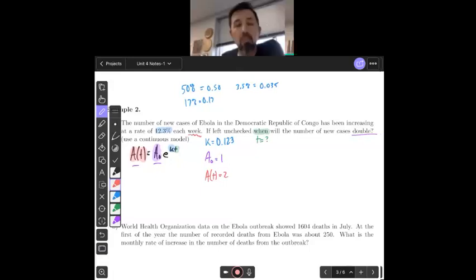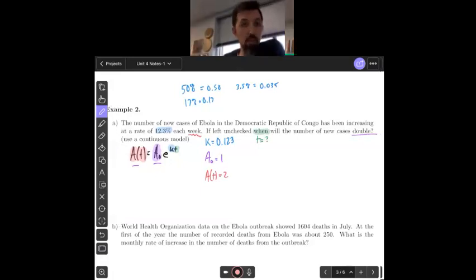Okay. So can we just make up how many cases there are? Is it okay just to make up the number of cases? If there's more cases, is it going to double faster, or slower if there's fewer cases? So how do we know if this math is okay to do? Well, we would make up multiple sets of cases and see if it matters or not.